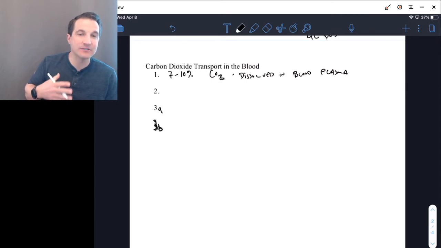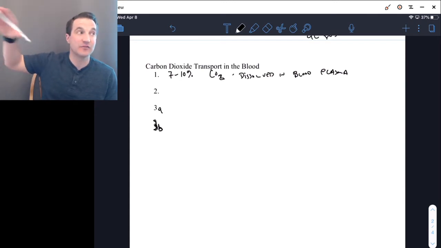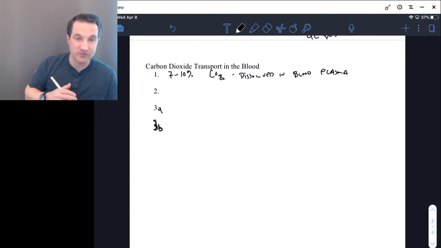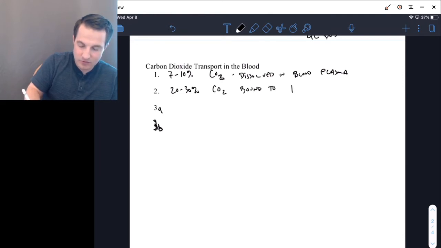So that's number 1. And number 2 is exactly the same. Remember, we talked about the Haldane effect last lecture, that when oxygen moves off, it's very easy for carbon dioxide to move on to those hemoglobin subunits. So about 20 to 30% of carbon dioxide is bound to our hemoglobin, okay?